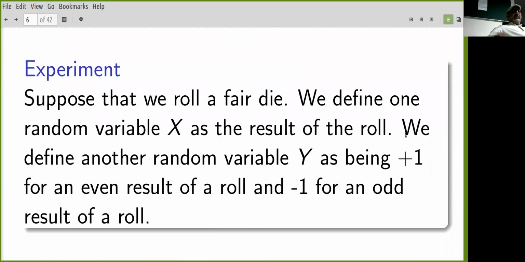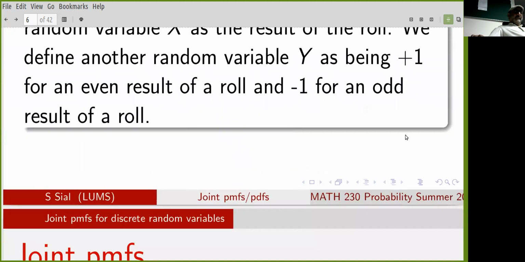So, supposing the experiment is this: we roll a fair die. We define one random variable x as the result of the roll. Okay, so x takes values 1, 2, 3, 4, 5, 6. We define another random variable y, which is +1 for an even roll, and it takes the value -1 for an odd roll of the die.